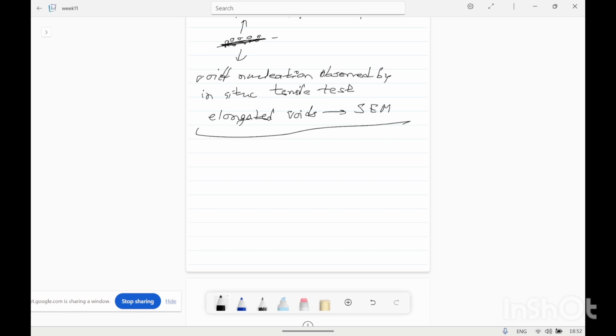Now we will come to the fracture behavior in discontinuously reinforced metal matrix composites. So the generation of voids and crack nucleation happens in two stages, means two modes of crack nucleation.